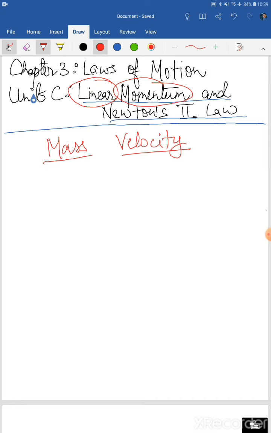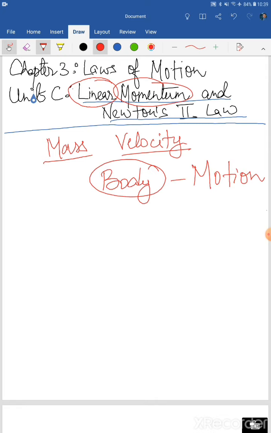For example, if a body is in motion, then this body will have mass as well as some velocity because it is in motion. Alright, now assume that you want to stop this body.